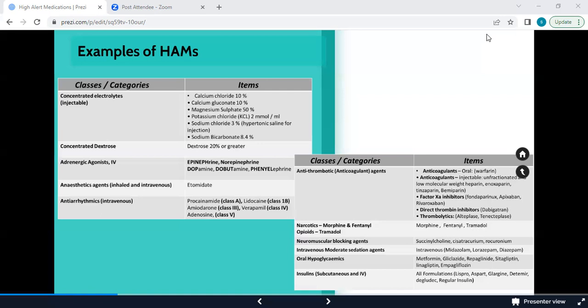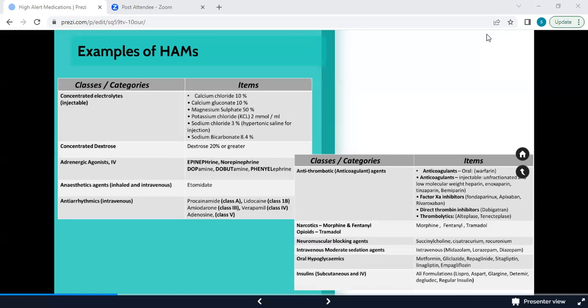Neuromuscular blocking agents, which are used in surgeries, can be depolarizing or non-depolarizing. Succinylcholine is the depolarizing one; non-depolarizing agents include cisatracurium and rocuronium and so on. And then we have medications which cause sedation when used intravenously: midazolam, lorazepam, and diazepam.